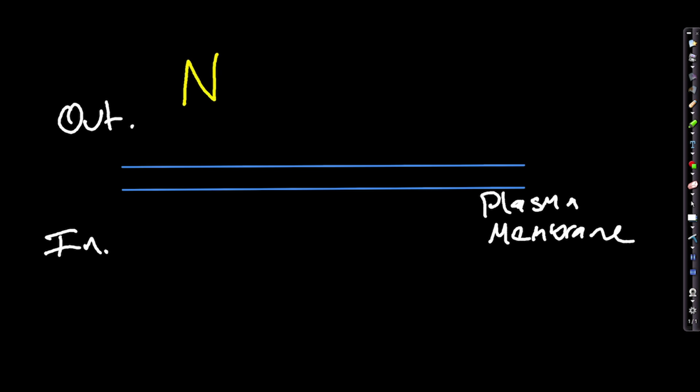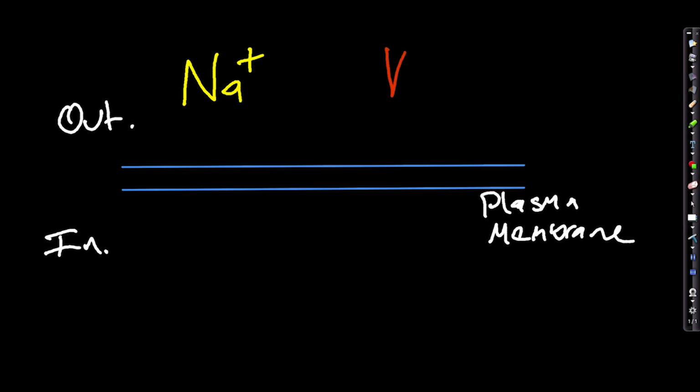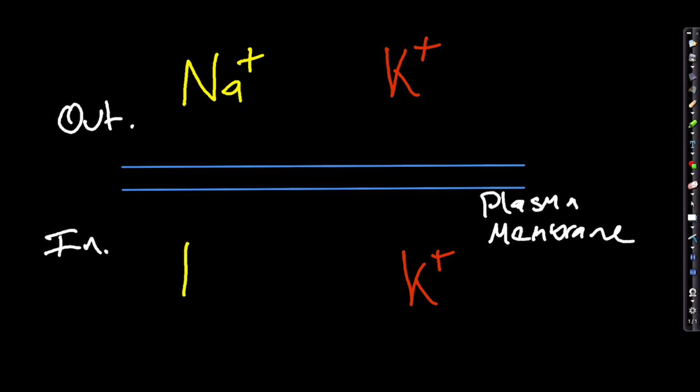Sodium, of course, is Na, which carries a positive charge, and potassium ions, which I will do in, I don't know, orange. Potassium, of course, is K, and you're going to find potassium ions and sodium ions both inside and outside of the cell.